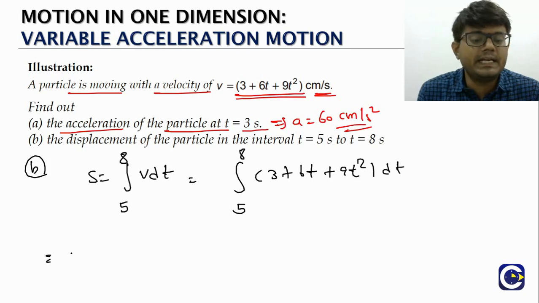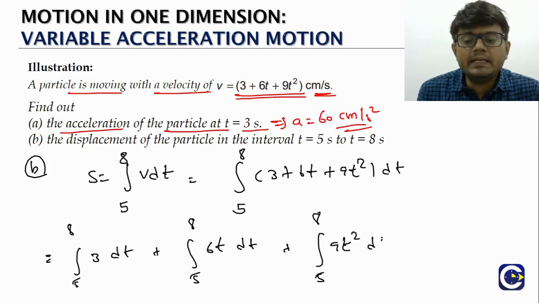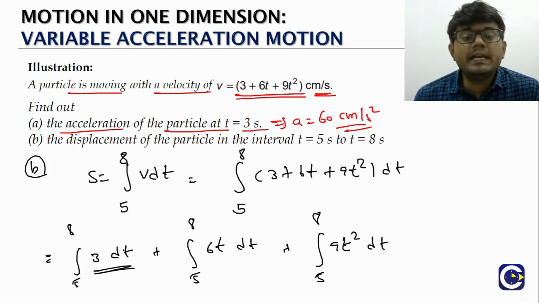Again here we will split the integration. Integral 5 to 8 3 dt. Integral 5 to 8 6t dt. Then integral 5 to 8 9t square dt. Okay. So integral 3 dt means 3 will come out, because 3 is a constant, right?